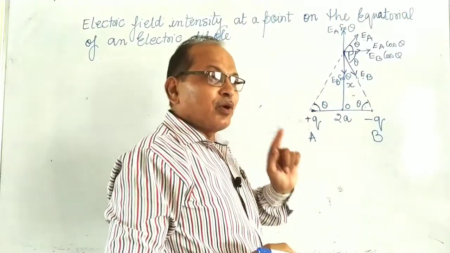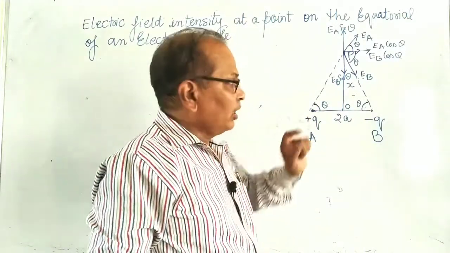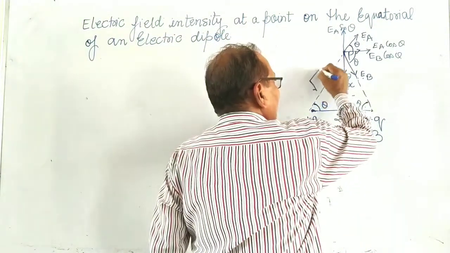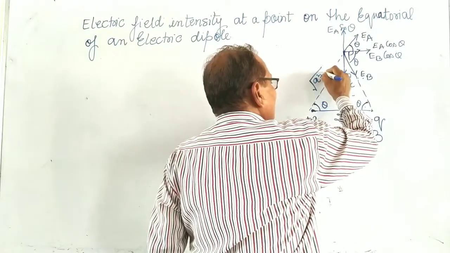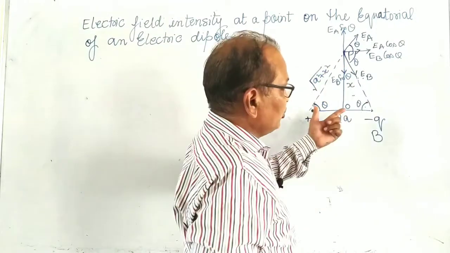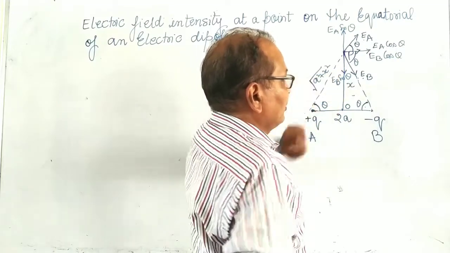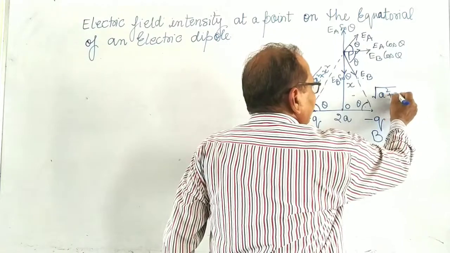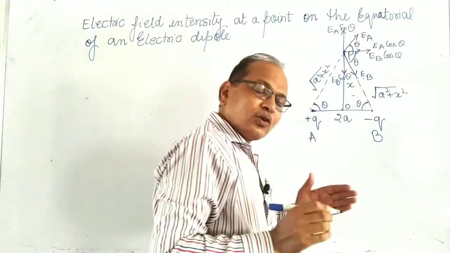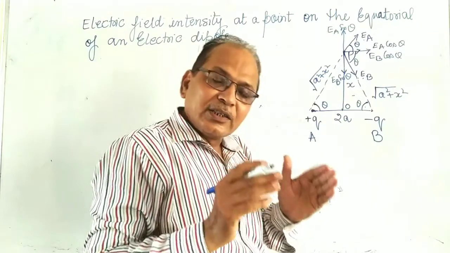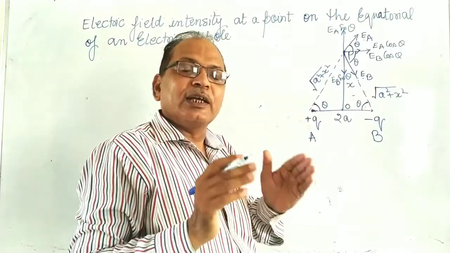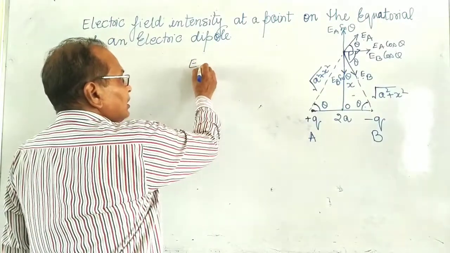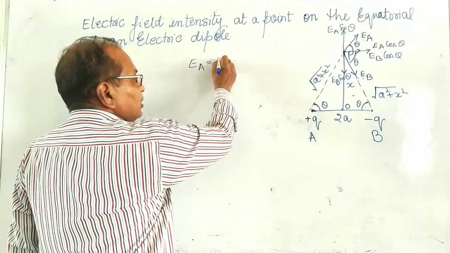Why equal? Because charges are equal and this distance is naturally under root of a square plus x square, using Pythagoras theorem. So distance is also same, charges are also same, therefore EA is also equal to EB.